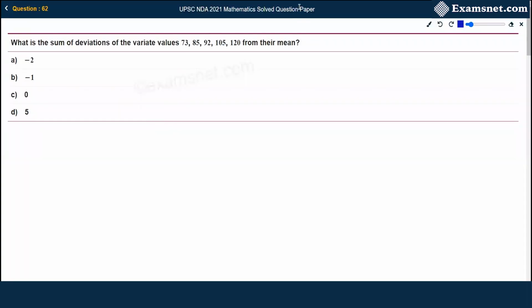What is the sum of deviations of the variate values 73, 85, 92, 105, 120 from their mean? Here we will first talk about the mean of the observations. If we say for the observations x1, x2, x3, up to xn, there are n number of observations, how can we find the mean?